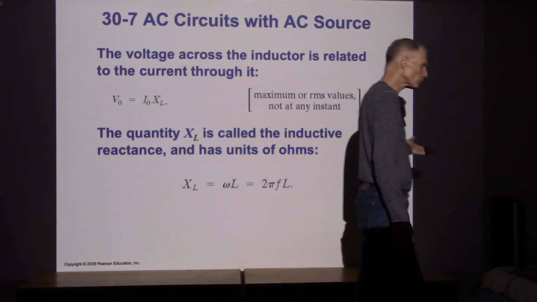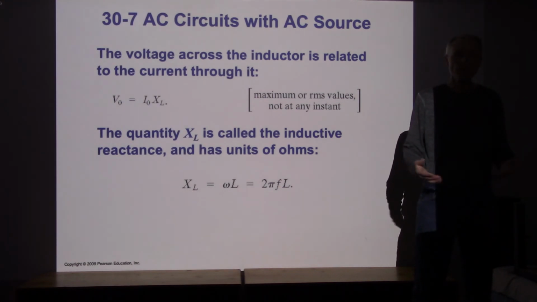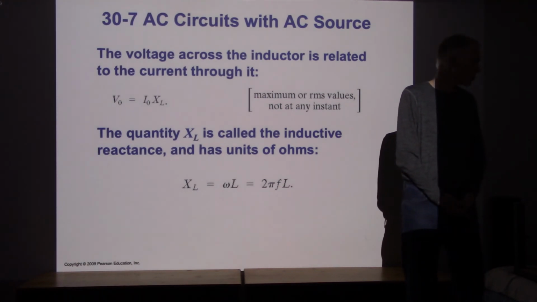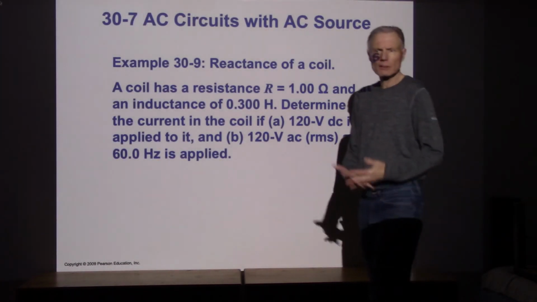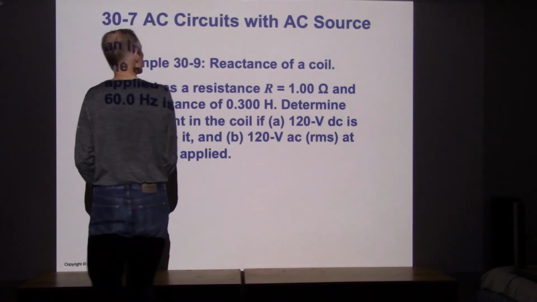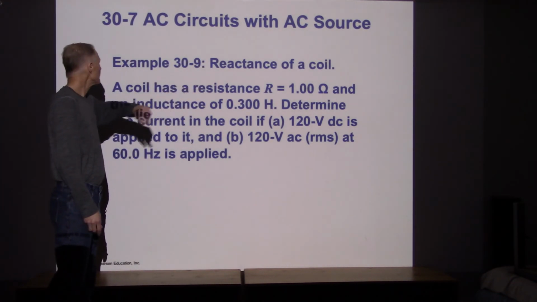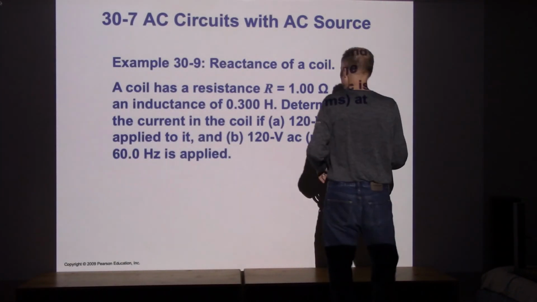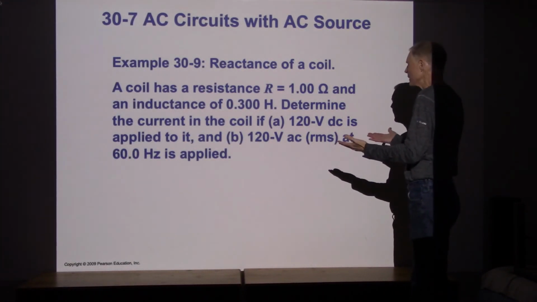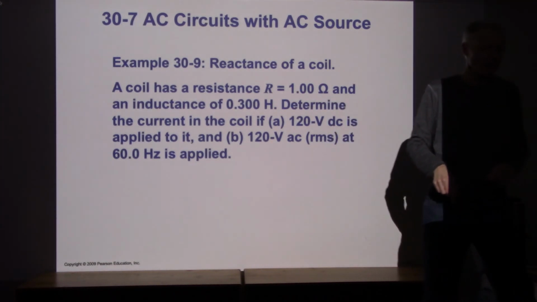Now I've got an inductor, and it's got these interesting properties where it creates resistance. So let's try this. We are going to look at a coil, a solenoid, and this solenoid has a resistance. In the slides, the resistance was listed as 1.00 ohms.